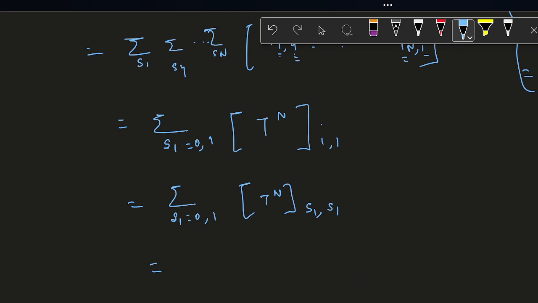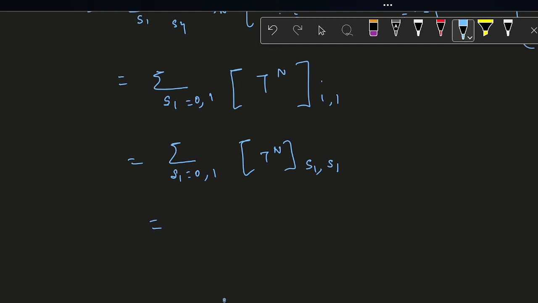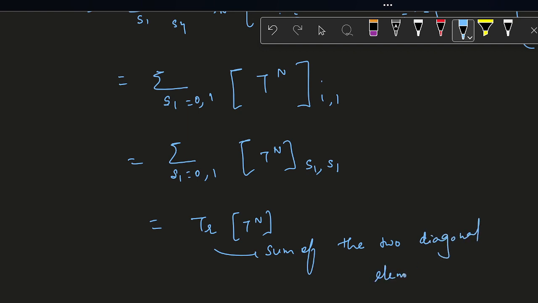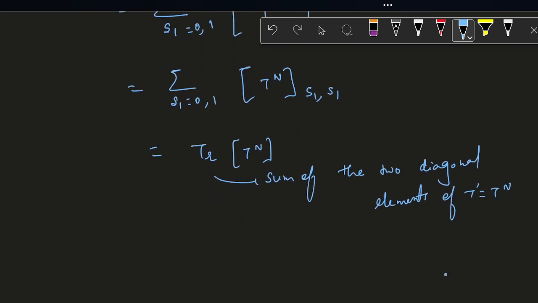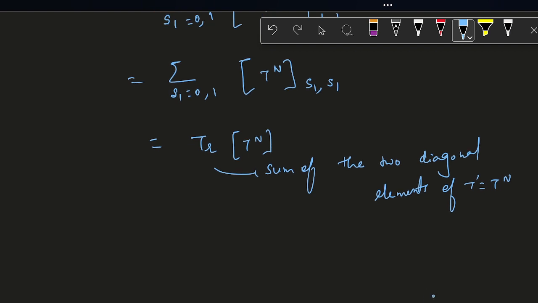So by taking that, you know that you have to write down the expression of the trace of the matrix, that is the sum of the two diagonal elements of the new matrix T prime equal to T to the power of n. Okay, so T to the power n is the product of n T matrices, and it is itself another new matrix that we can define as T prime.